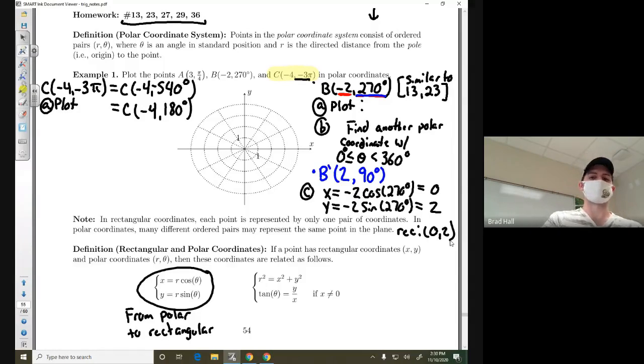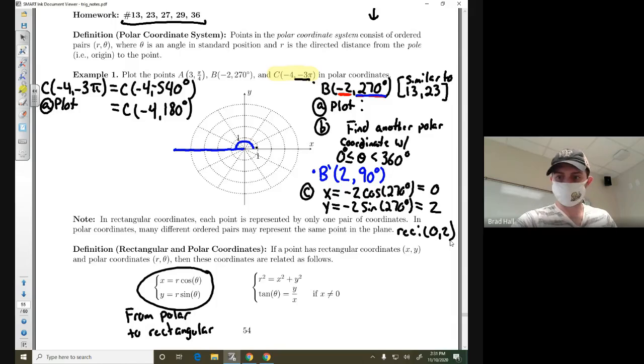But I'm going to pretend like, I'm just going to plot it first. Let's just plot it, because I'm rambling. So 180 degrees would bring us right here to this line. The negative 4 would tell us we need to go 4 in the opposite direction.